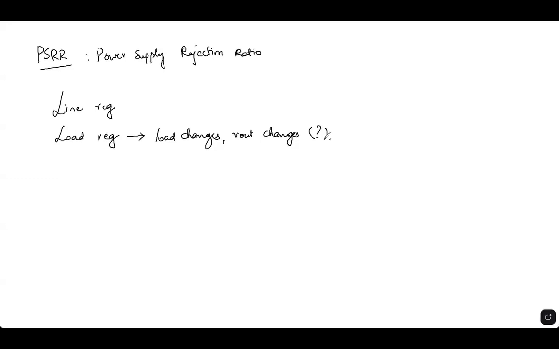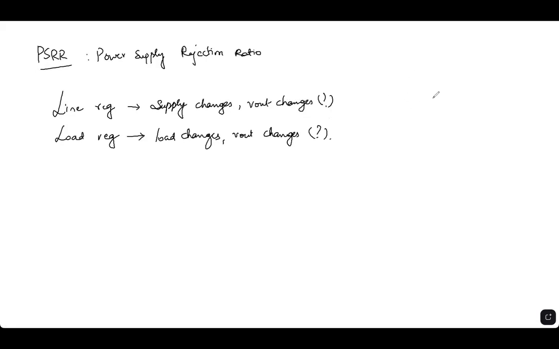What happens when the load changes? How good does your loop regulate? That's load regulation. What about line regulation? Line regulation is regarding the supply. If supply changes, how much of V out changes? How much of change do we see on V out?